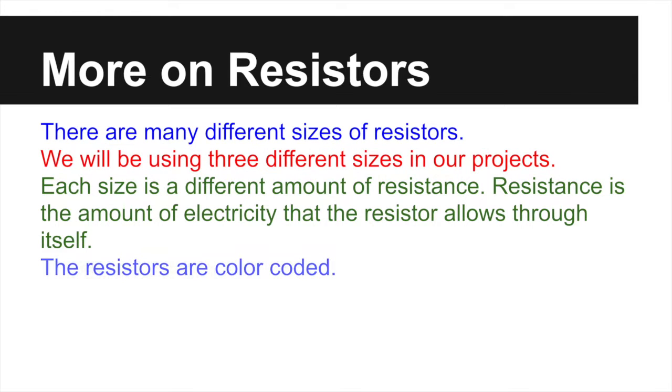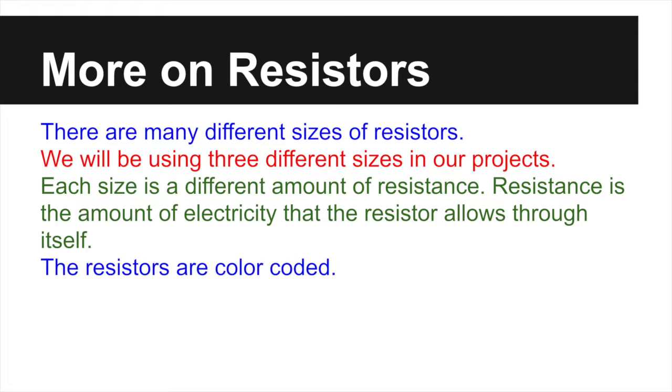Now, what is resistance? Essentially, resistance is the amount of electricity that the resistor allows to go through itself. You'd have to do some measurements, okay, but depending on the amount of resistance, that's how much electricity or voltage is going to go through that resistor. So 330K, 1K, and 10K are the 3 we're going to use, and you can pretty much just switch those out.